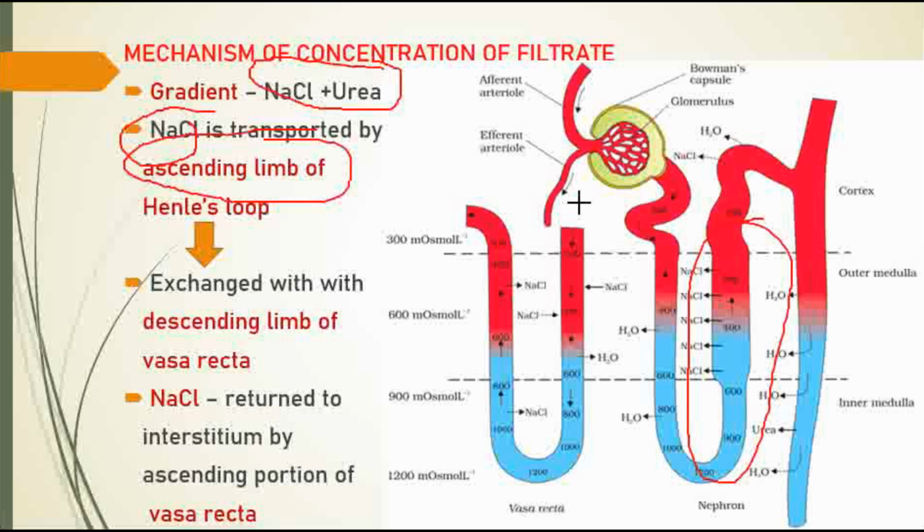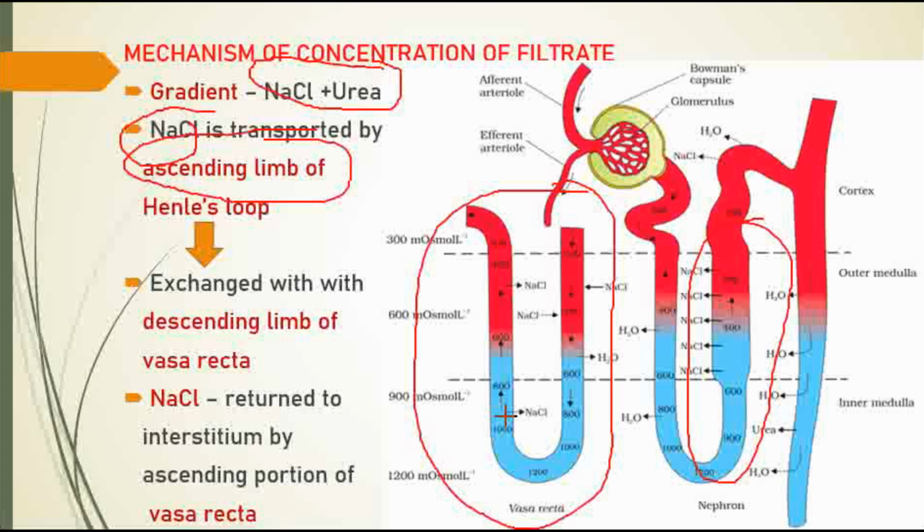They have given it separately for a clear explanation. So the sodium chloride is exchanged to the descending limb of vasa recta.